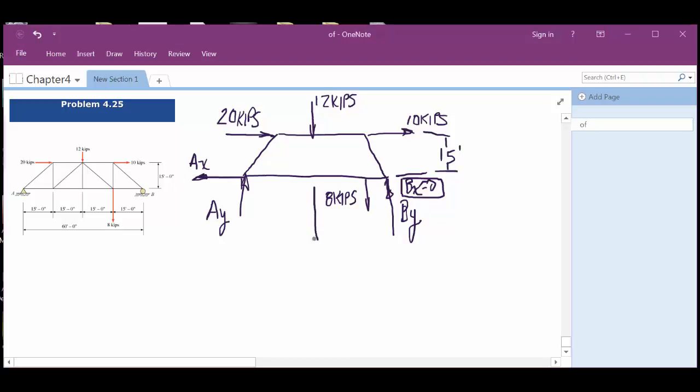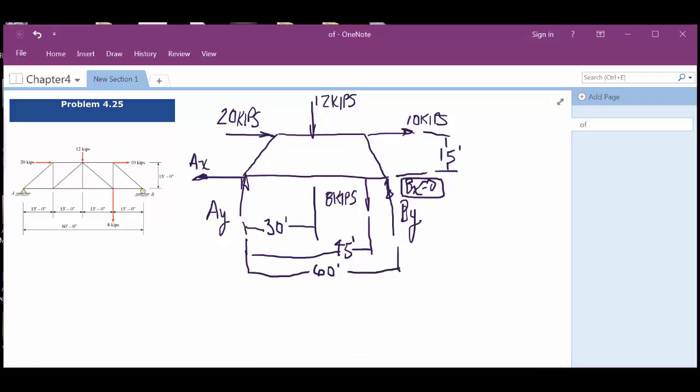This distance right here is about 30. The distance out to the 8 is 45. And the overall is 60. Right?